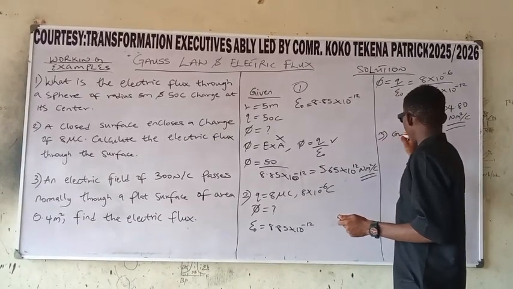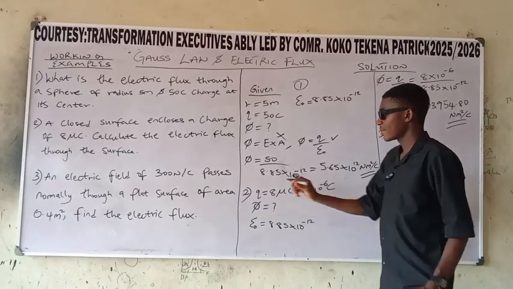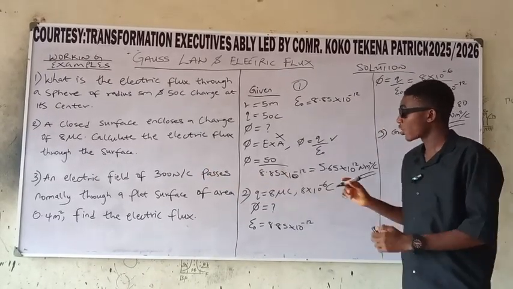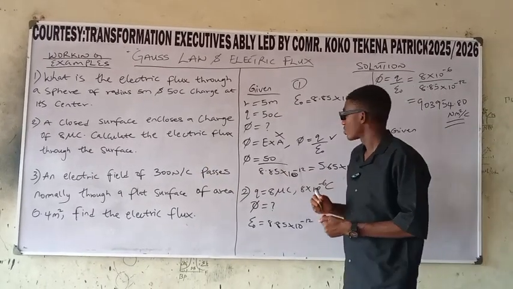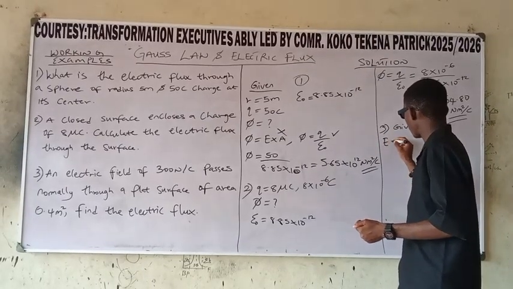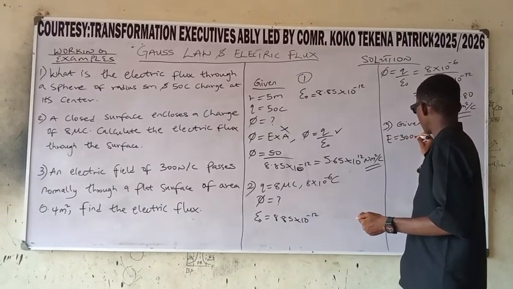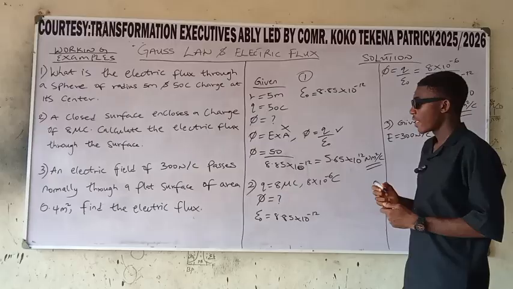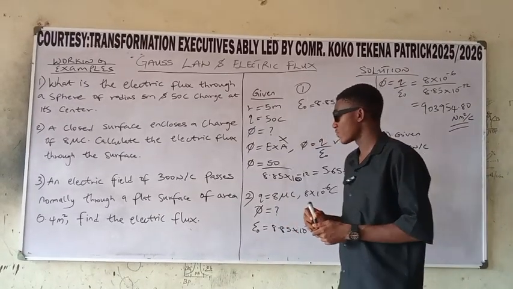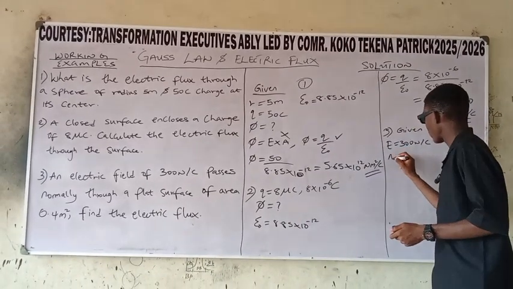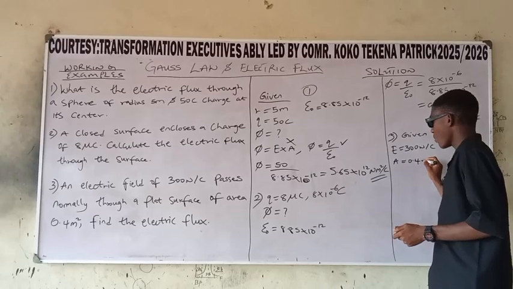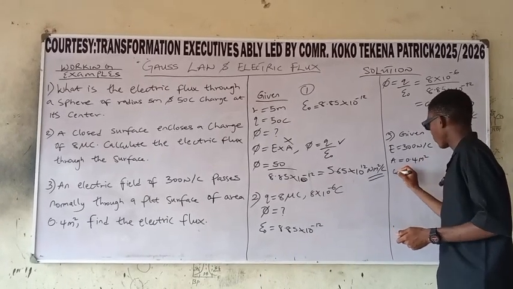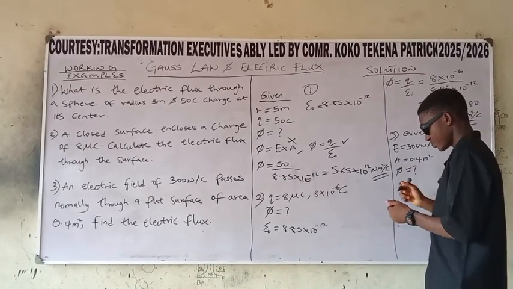Our electric field E is equal to 300 Newton per coulomb. Our area is 0.4 meter square. We should find our flux, the unknown.